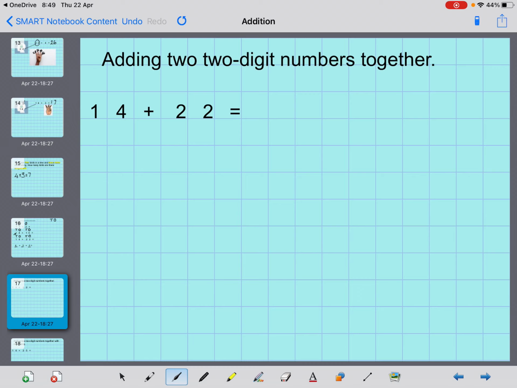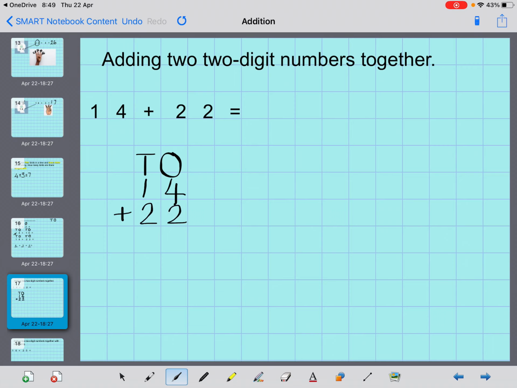A little bit later on in year 2, when we are more confident with our addition, we would be looking to work on column addition. And this is generally when we have 2-digit numbers together, because we can use our tens and our ones to add our numbers. 14 add 22.